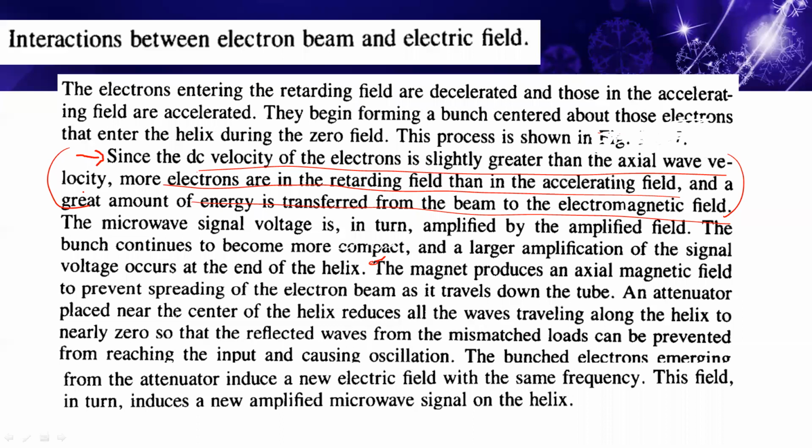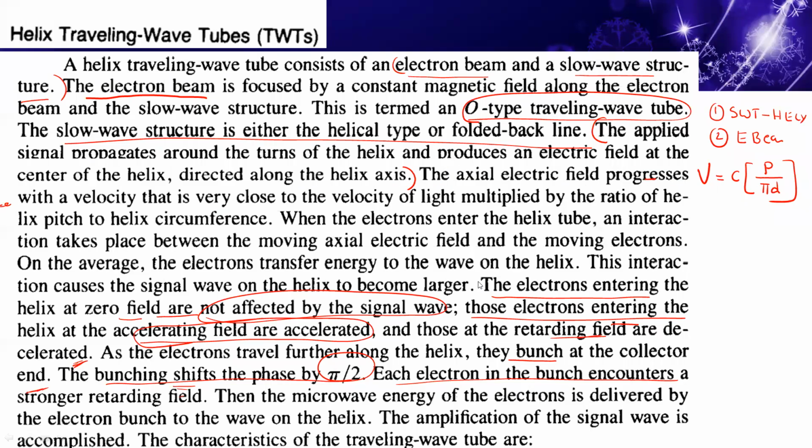The importance of the magnets is that the axial magnetic field prevents the spreading of the electron beam as it travels down the field. Therefore, a bunch of electrons is able to get the electrical field at this frequency, and so they achieve amplification of the microwave signals available at the output.